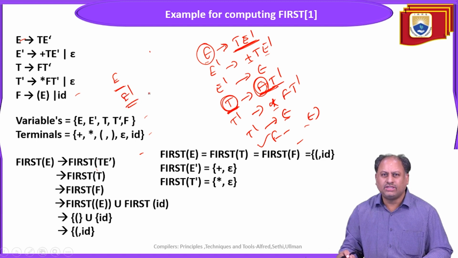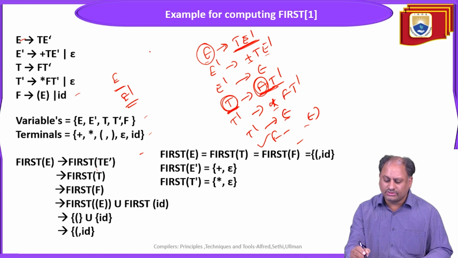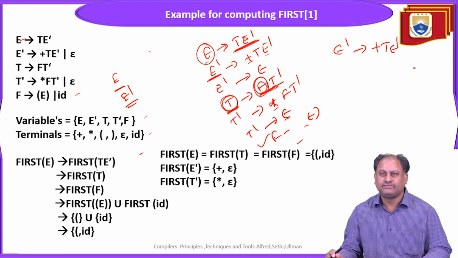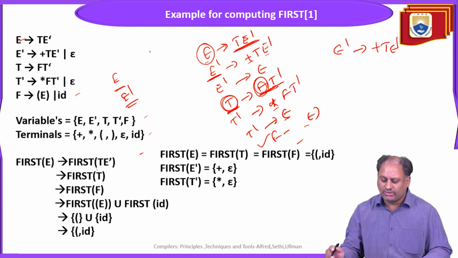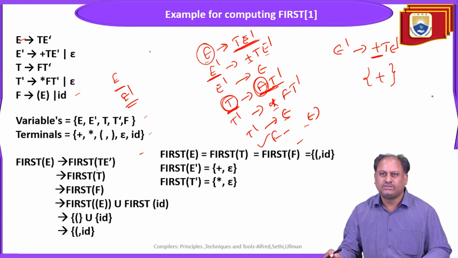Next in this computation, first of E dash, where the E dash appears. So here E dash is to be considered. E dash derives plus T dash. Now here what is here? Plus appears, so automatically the result includes plus.